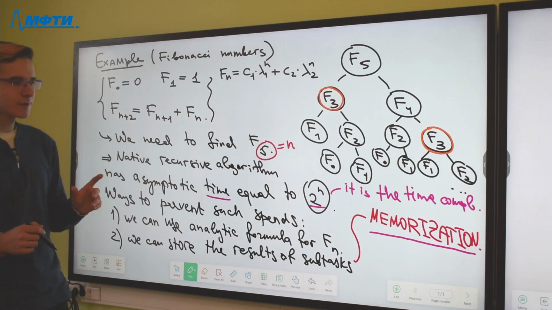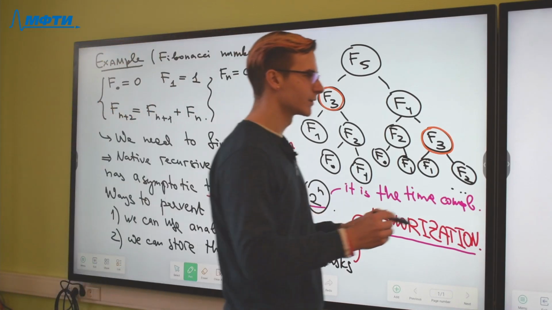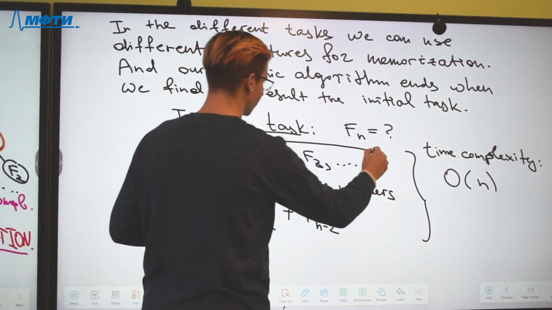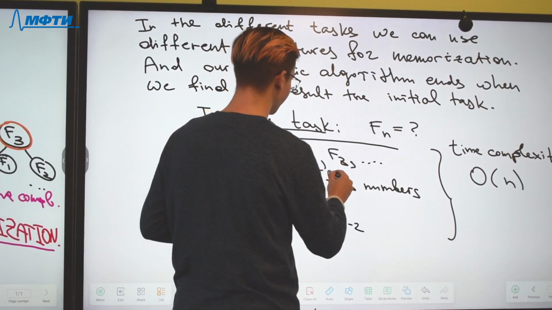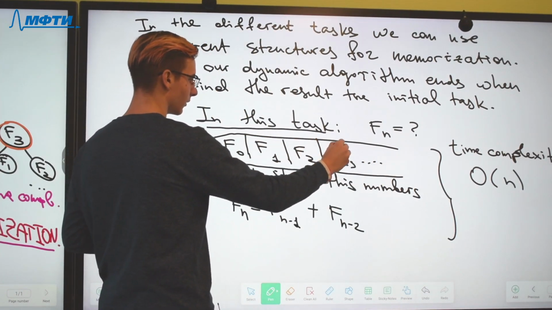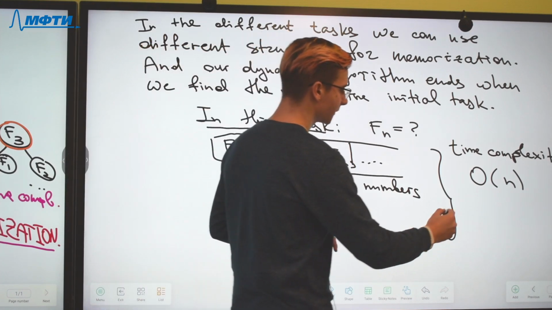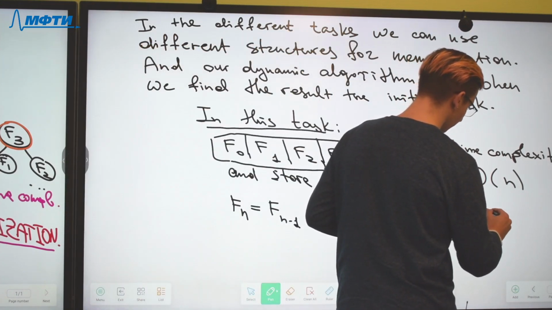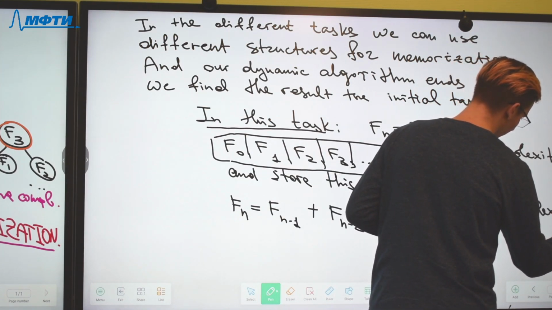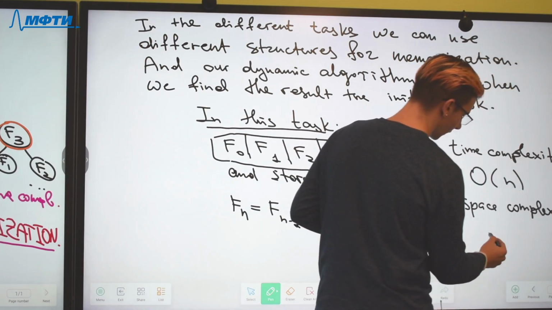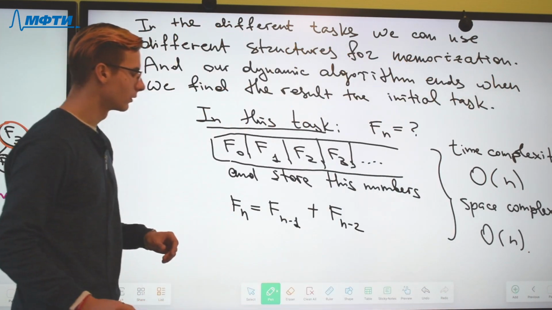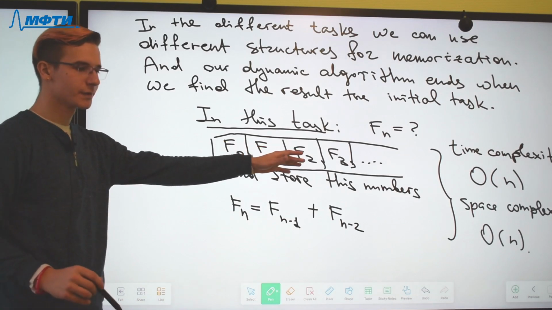And of course, if we use, for example, an array for Fibonacci numbers, we say that space complexity is O of n, because we need to store previous numbers.